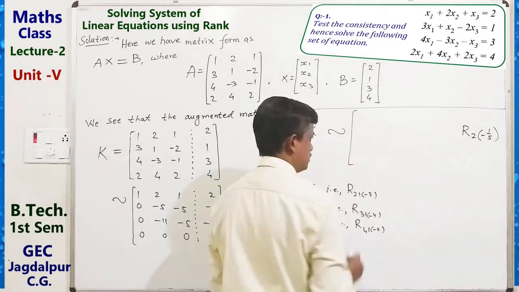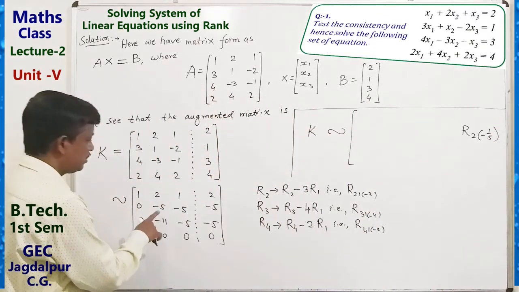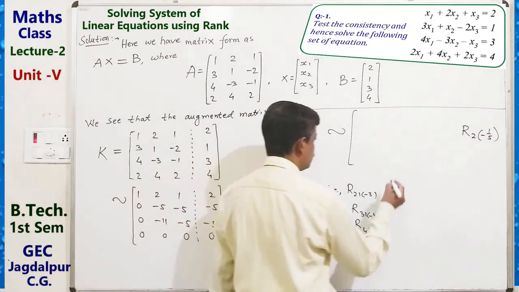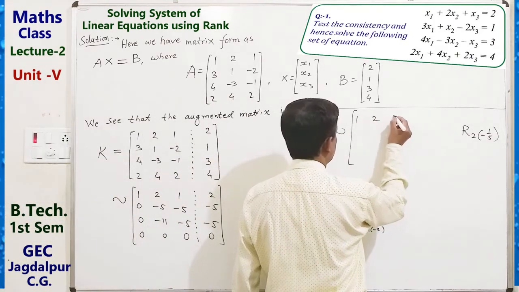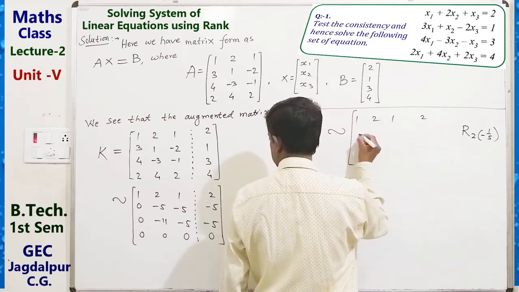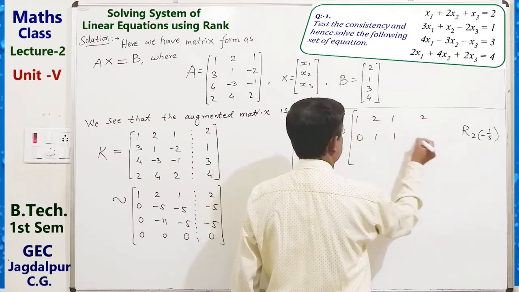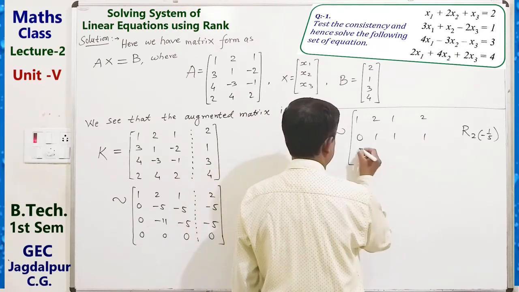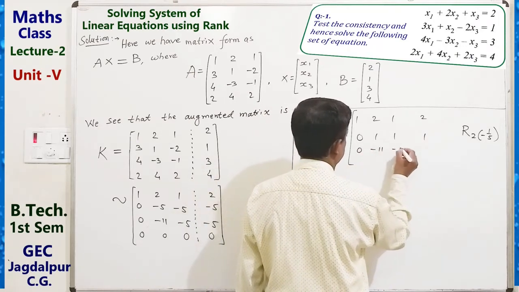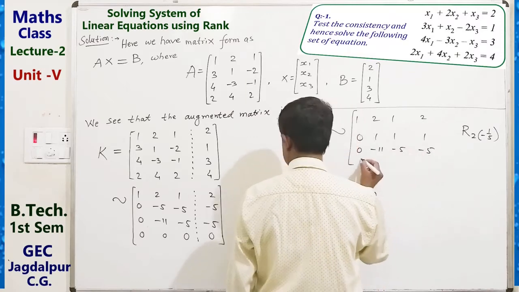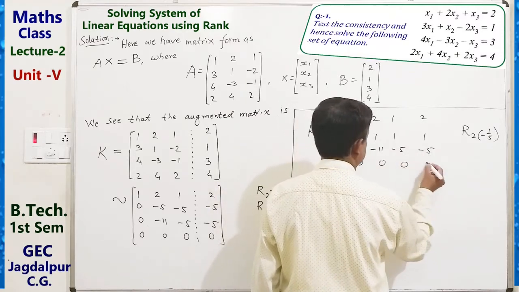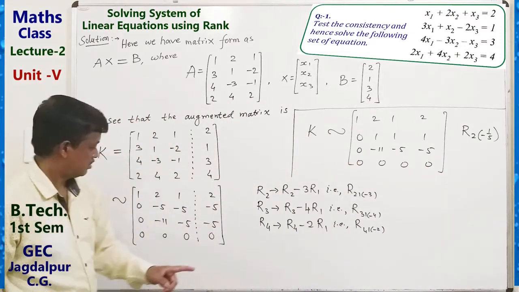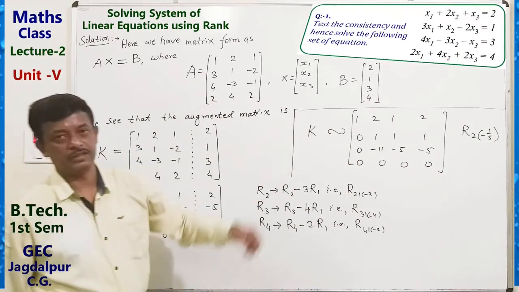So by this operation we can see that 5 5 cancel, minus plus plus 1 1. 1 2 1 2 and 0 1 1 1 and 0 minus 11 minus 5 minus 5, 0 minus 11 minus 5 minus 5 and 0 0 0 0. So this is the next. After this we can get like this.